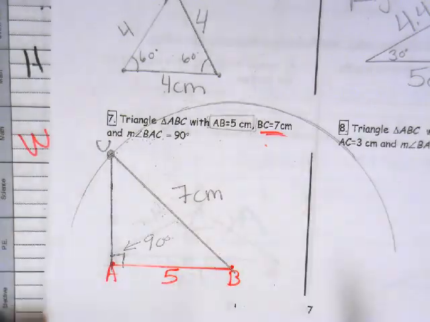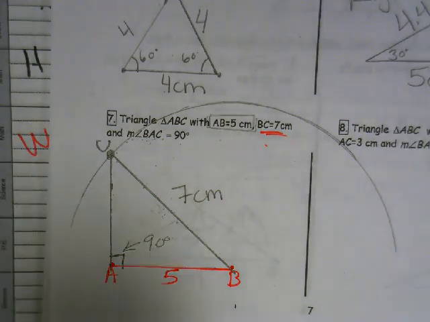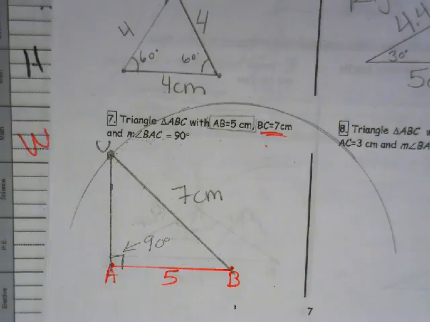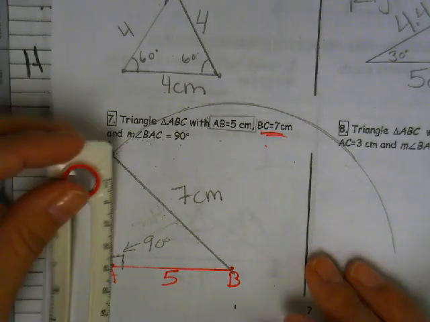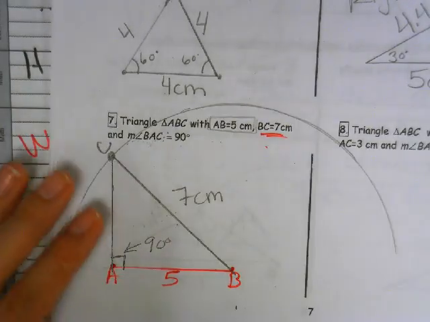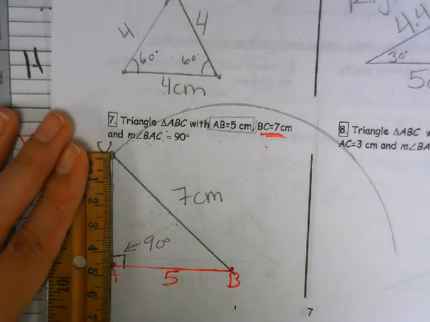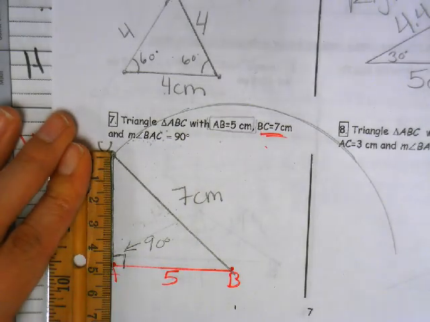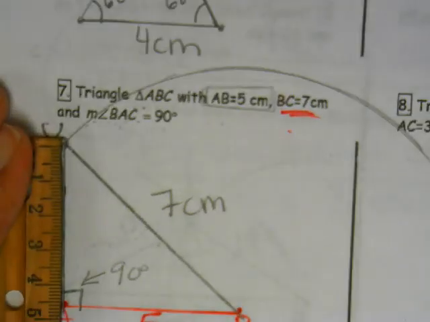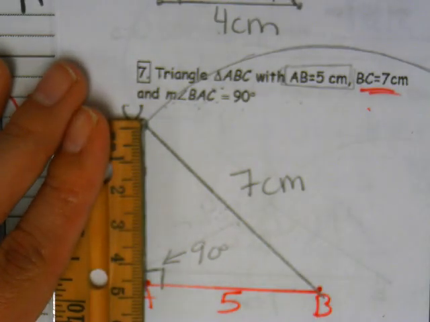What does AC measure? Oh, that's exactly 7 right there. It should, because you did an arc.